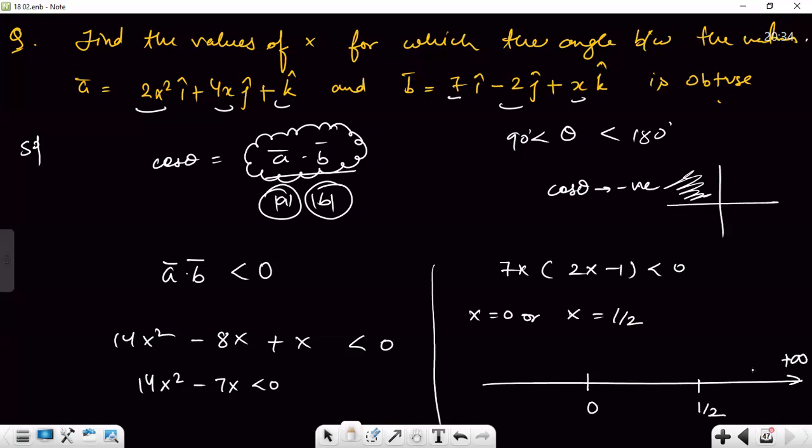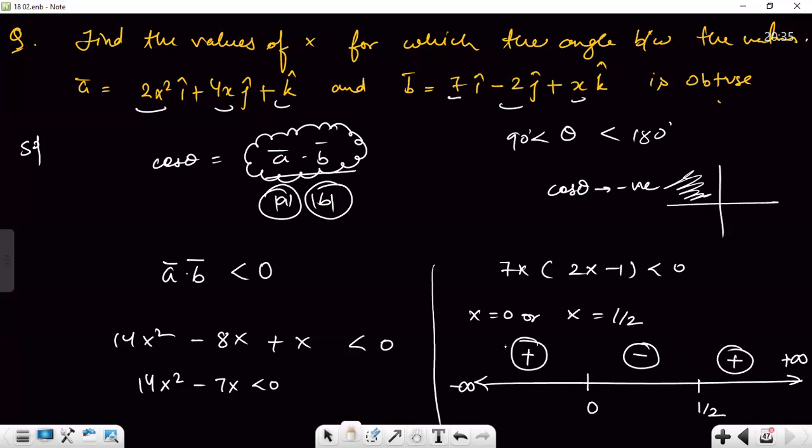Positive infinity and negative infinity. We have talked about this method earlier. This will always be positive when the coefficient of x is positive. So the entire expression will be positive for all values greater than half. All values greater than 0 and less than half will be negative. This will be positive here.